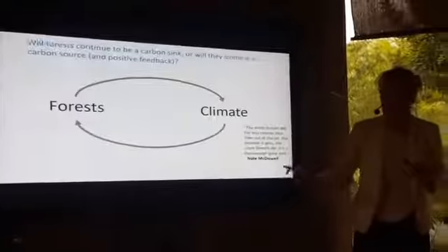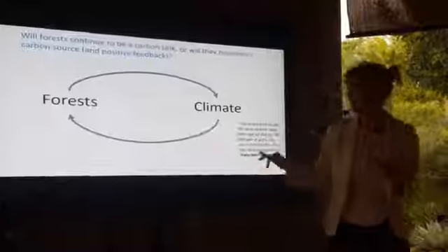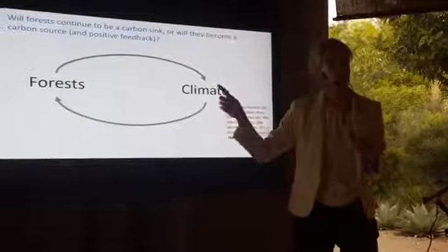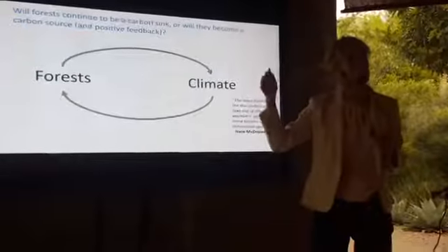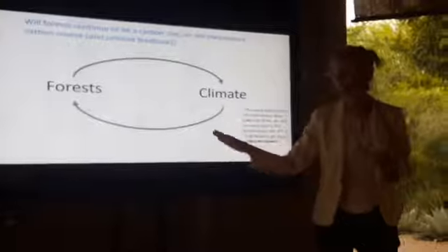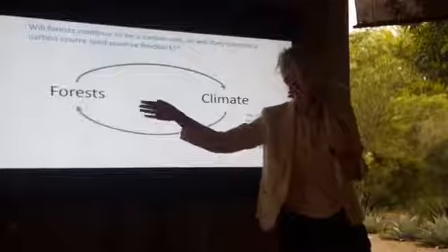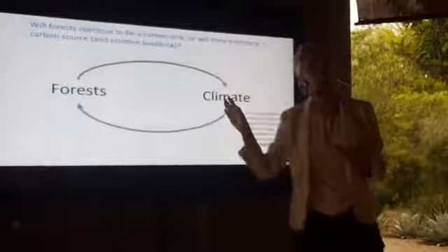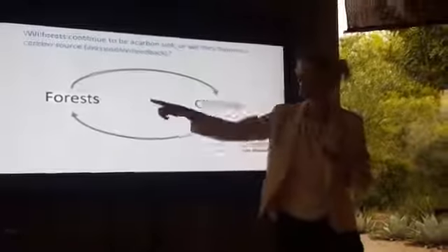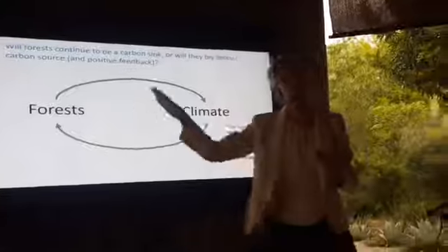So if forests are experiencing climate stress, drought stress, and they die, if those trees die, then they are no longer taking carbon out of the atmosphere. That means there's more carbon dioxide that's staying in the atmosphere, which causes more warming, which causes more drought stress to the trees, which causes more death of forests, which means less carbon taken out of the atmosphere.